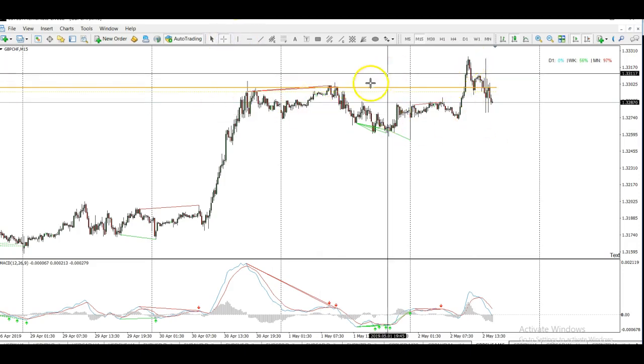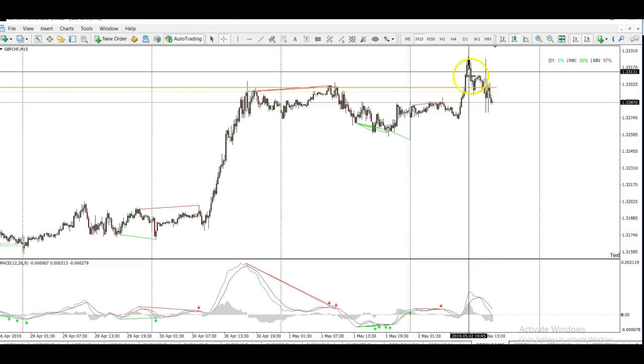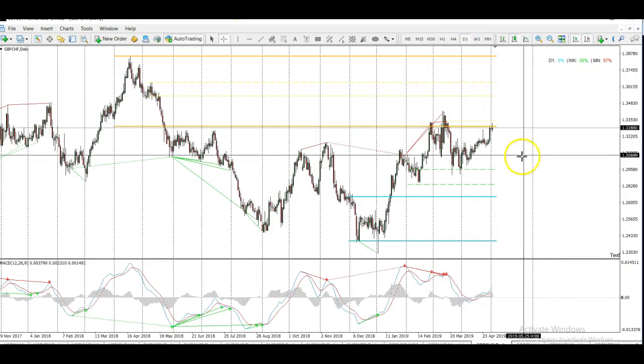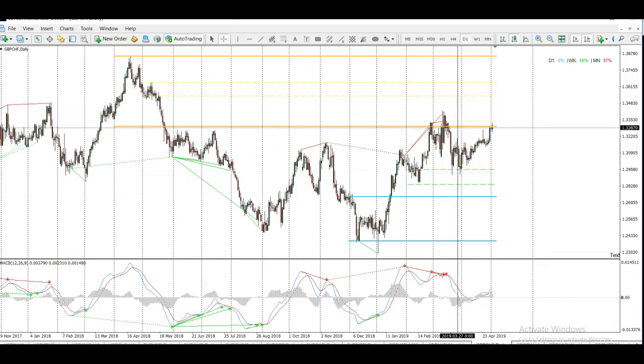Did pop up a little bit further, but all good. Today, nothing on it. It moved up a bit further, maybe look to sell it, but at the minute, nothing.